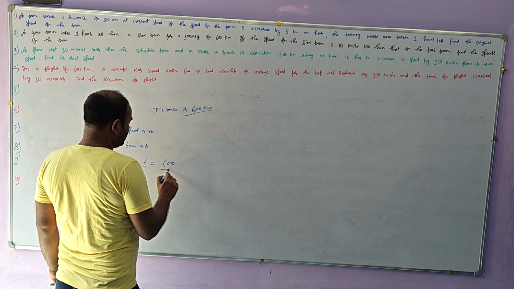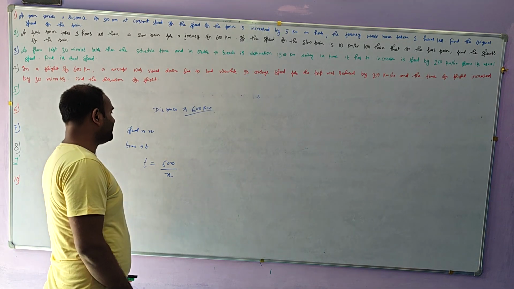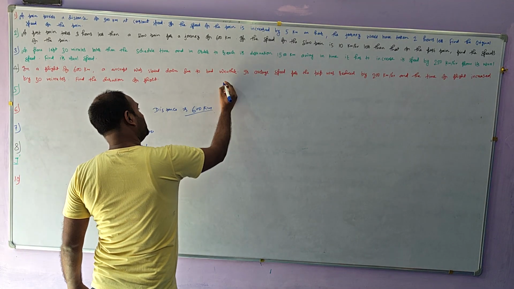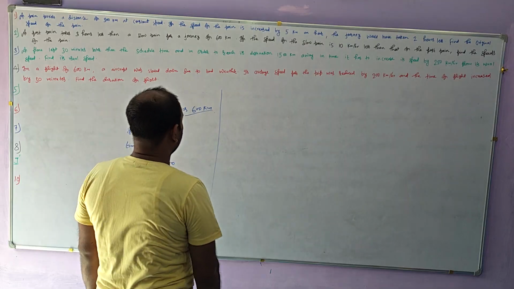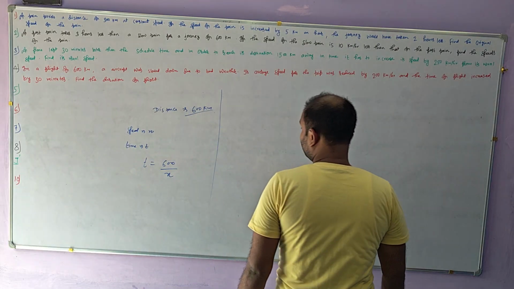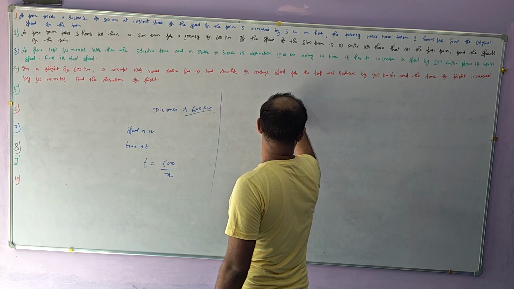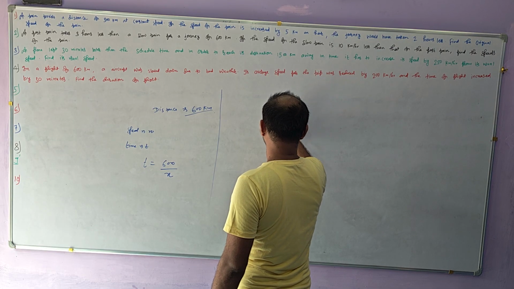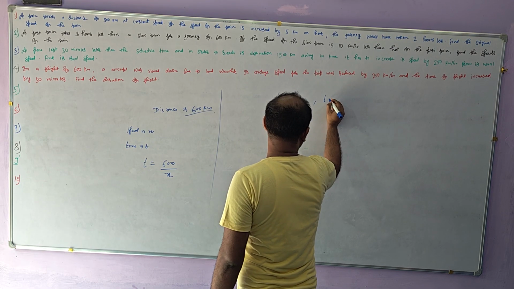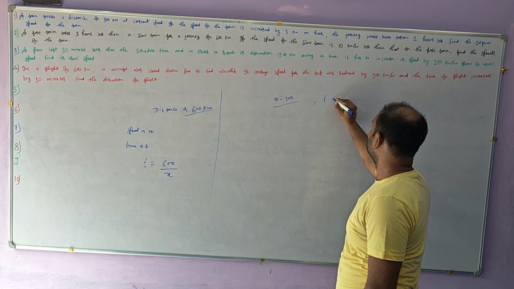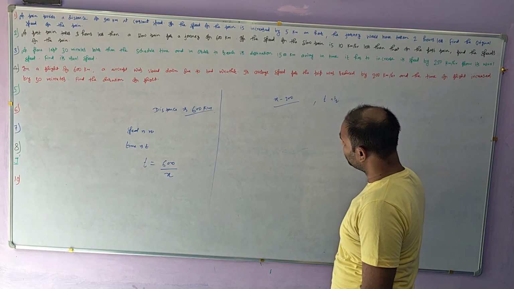T is equal to 600 upon x in a normal condition. Now, for bad weather, speed is going to decrease by 200 kilometers and time is going to increase by half an hour. So t plus half.